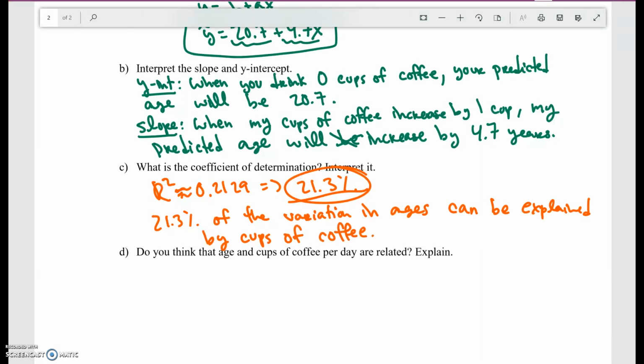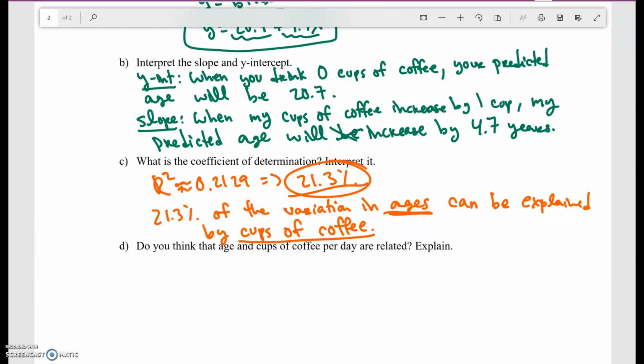So 21.3% of the variation in ages can be explained by cups of coffee. That's what the coefficient of determination does. I'm able to explain 21.3% of the variation in ages. Of all the variations of ages, I can explain 21% by cups of coffee.